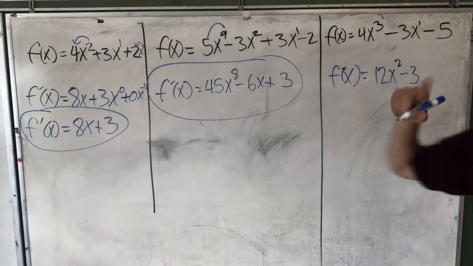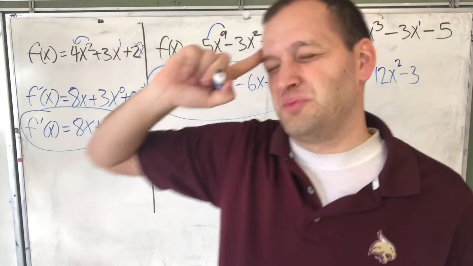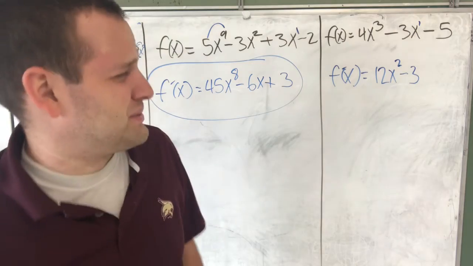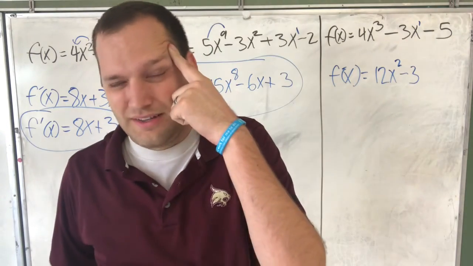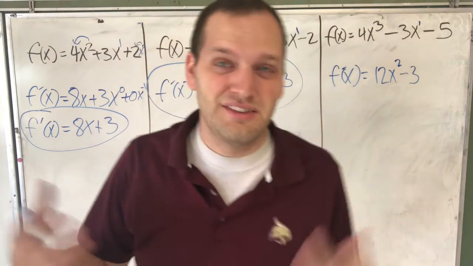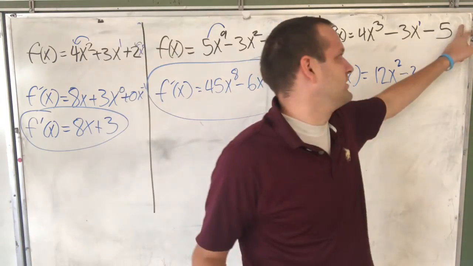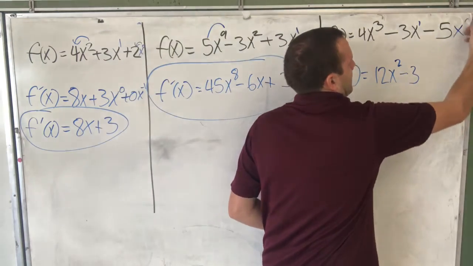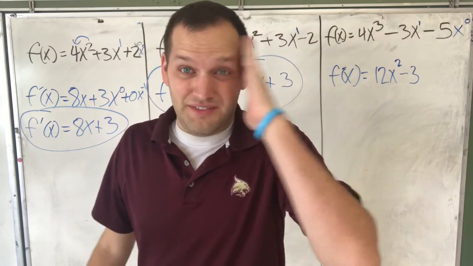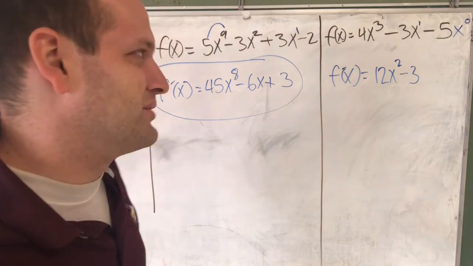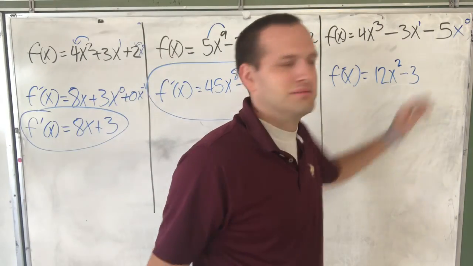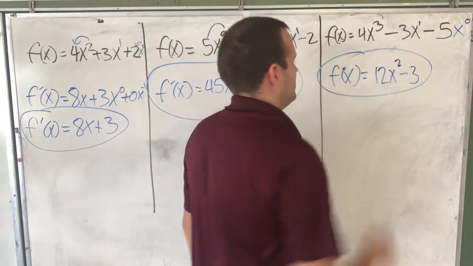X to the 0 simplifies to 1. 3 times 1 is just 3, so I don't have to write the x down. The negative 5 times x to the 0 power, because x to the 0 power is 1. So there is an x to the 0 right here. 0 times negative 5 is just 0. Okay, so if it's just 0, do I have to write it here? No, we don't. That's our answer.